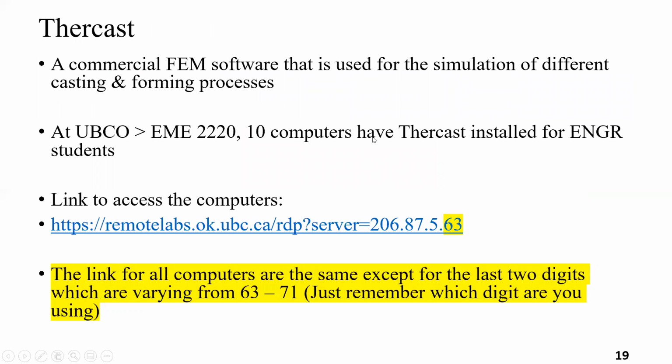Okay, so now I want to introduce Thirdcast software to you that you're going to use in this tutorial. Thirdcast is a commercial FEM software that is used for simulation of different casting and forming processes. And there is one main difference between Thirdcast and academic software like ANSYS.